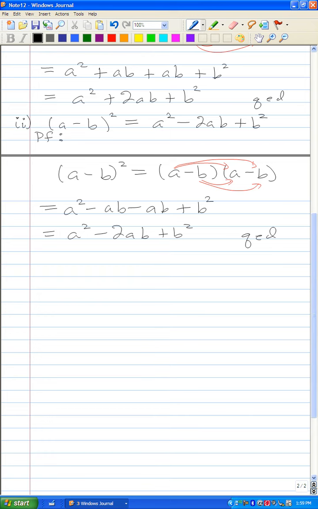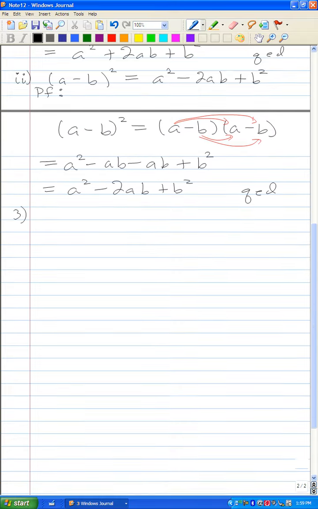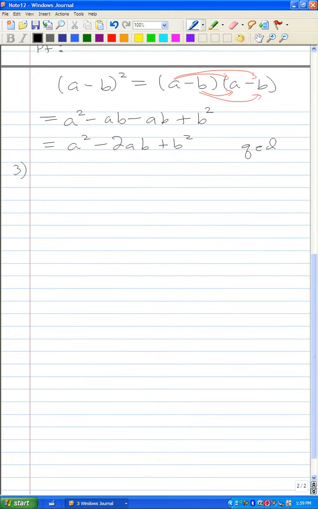Let me do the sum of cubes formula. a plus b times a squared minus ab plus b squared is a cubed plus b cubed.